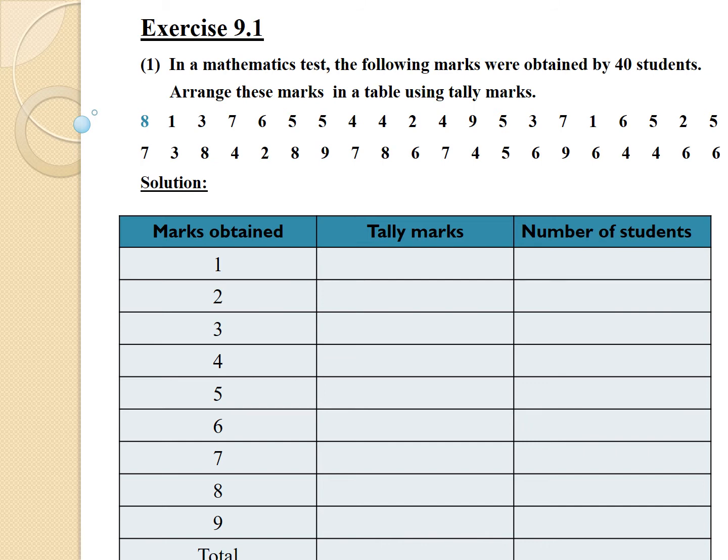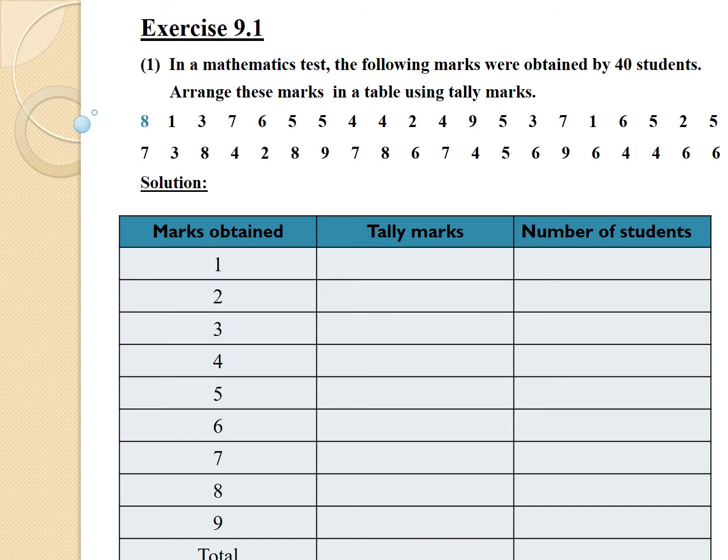By arranging the data in the first column, we got 1, 2, 3, 4, 5, 6, 7, 8 and 9. Students, you have to remember that you have to write 1, 2, 3, 4, 5, 6, 7, 8 and 9 only one time.